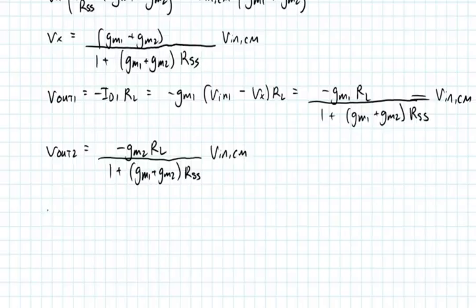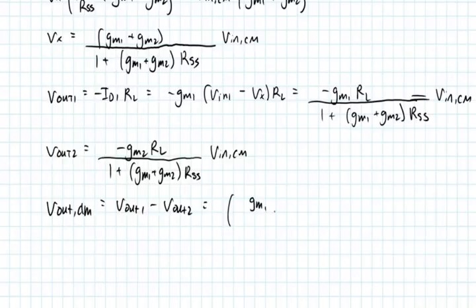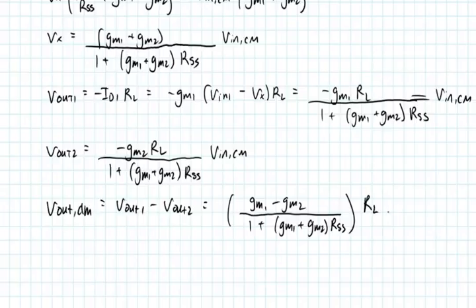Okay, so what that means then is that Vout differential mode is equal to Vout1 minus Vout2, which is equal to (GM1 minus GM2) all over (1 plus (GM1 plus GM2) times RSS) times RL times Vin,CM.